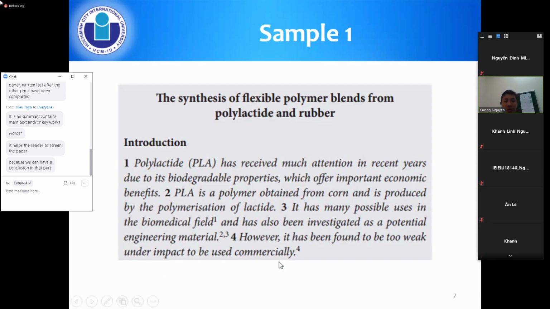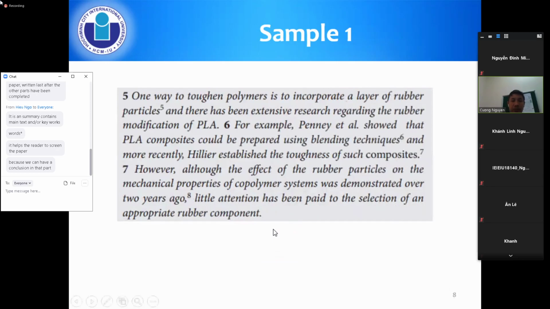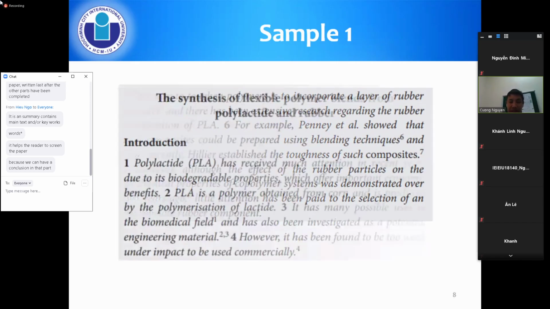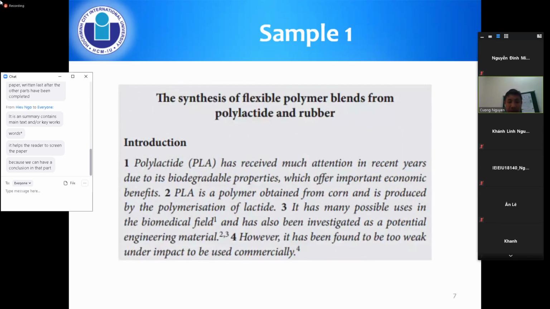So you know something about polymer, something about polylactide and its benefits and weaknesses, right? And let's move on. Okay, one way to toughen polymers. So in the previous one, they say, it is too weak to be used commercially.